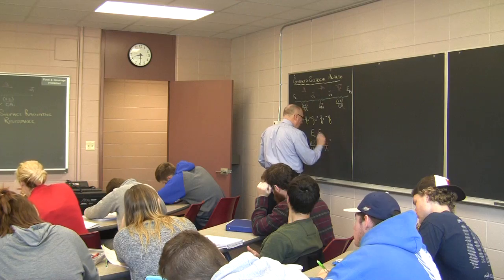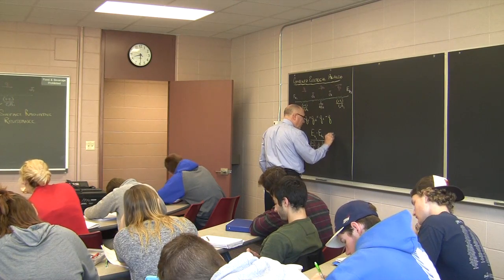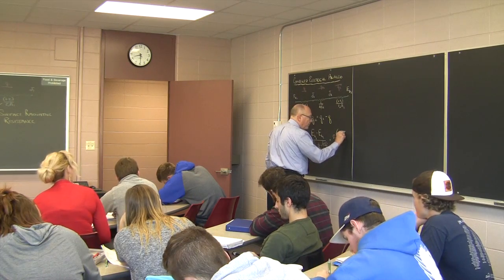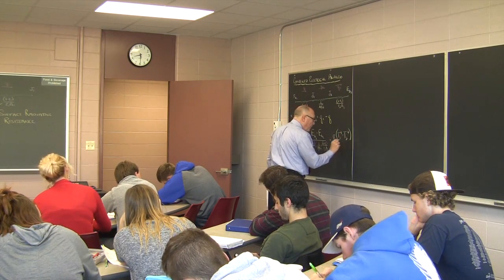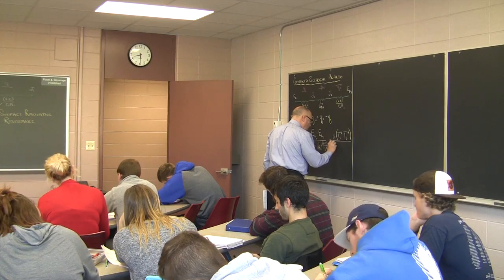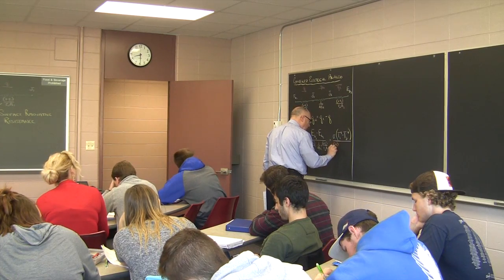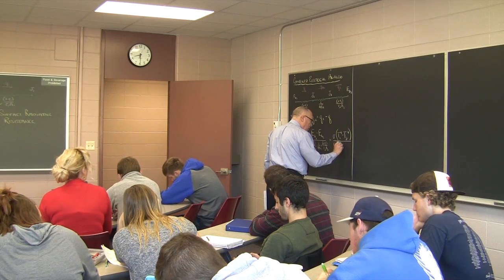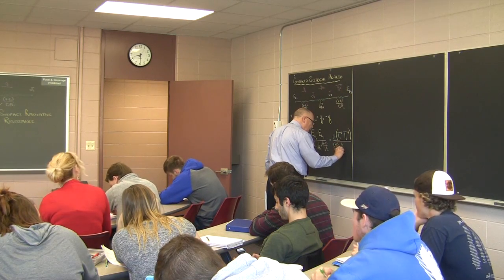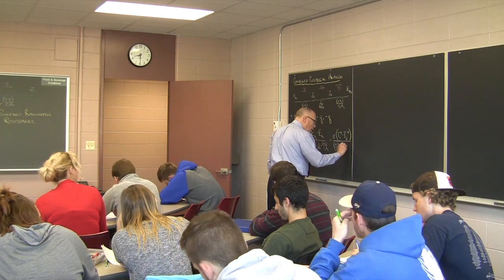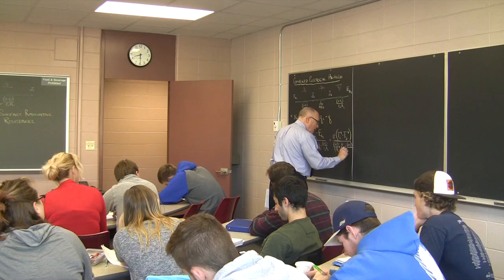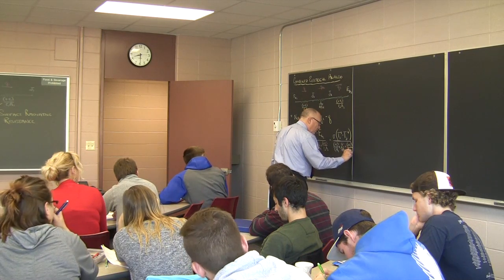And this then can be equal to sigma T1 to the fourth minus T2 to the fourth over 1 minus epsilon 1 over epsilon 1 A1 plus 1 over A1 F1 to 2 plus 1 minus epsilon 2 over epsilon 2 A2.